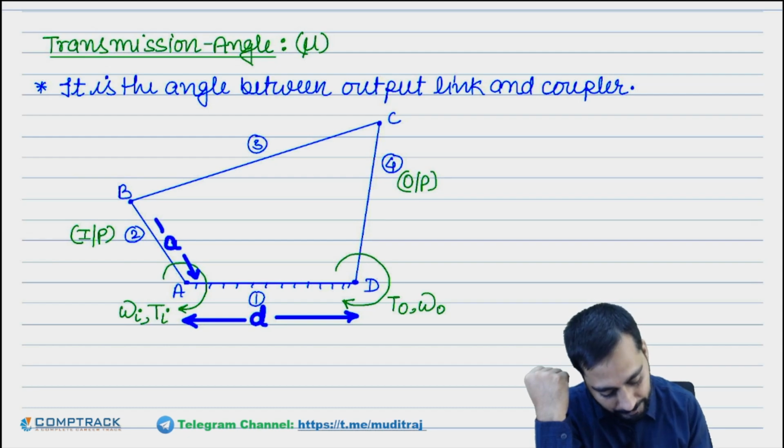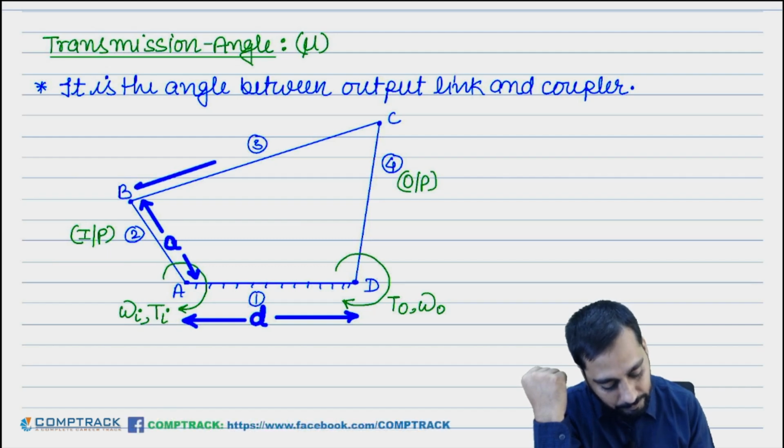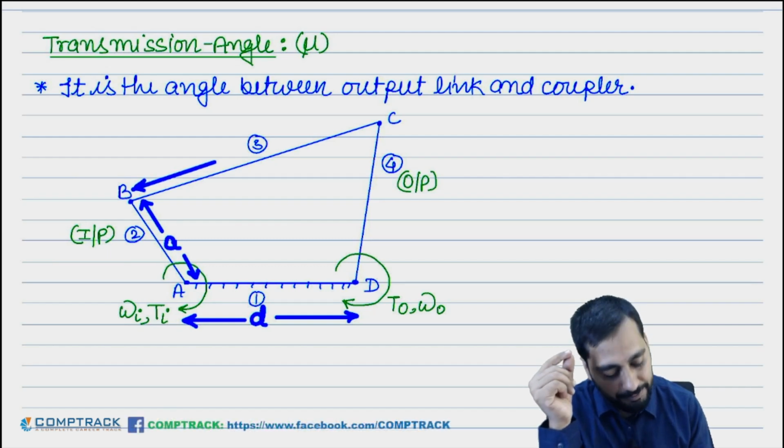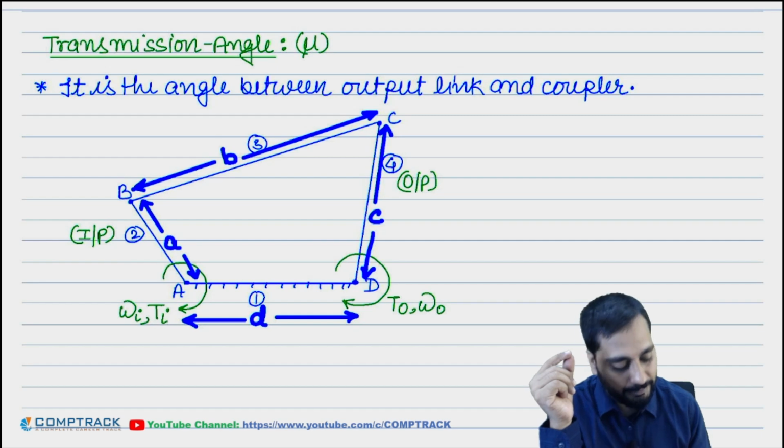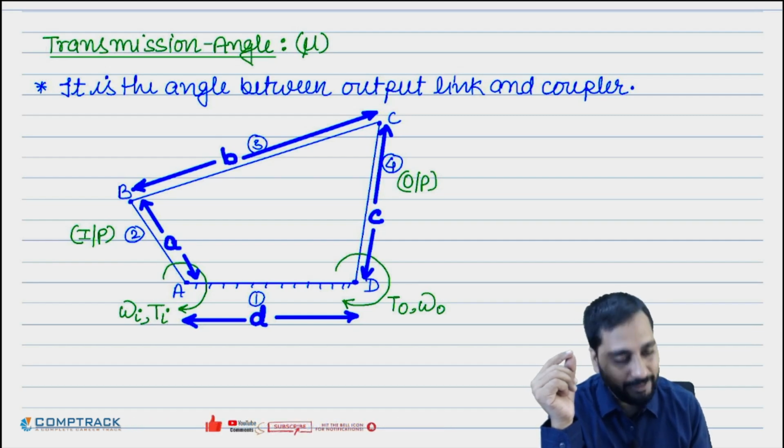Here, this is the coupler, and let's say the coupler length is B. And the length of the output link is C.